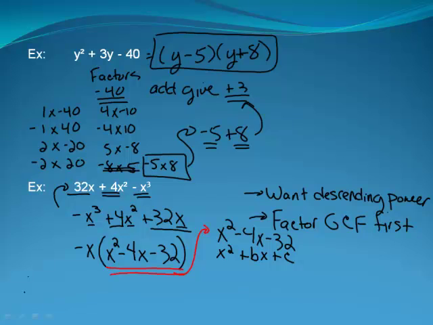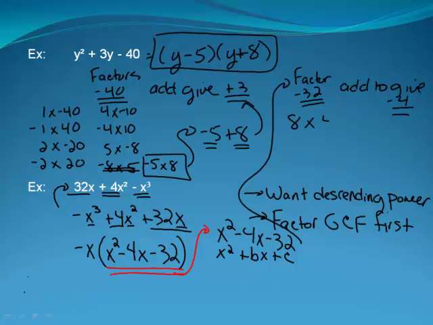So I'm interested here in factors of my last term, so factors of negative 32, that when I add them give me negative 4. 32 will break down a variety of ways. One way is some combination of 8 and 4.